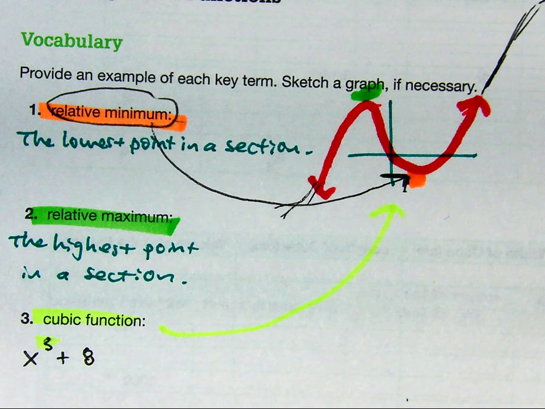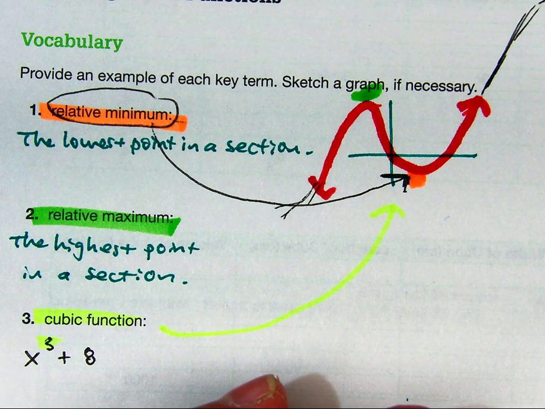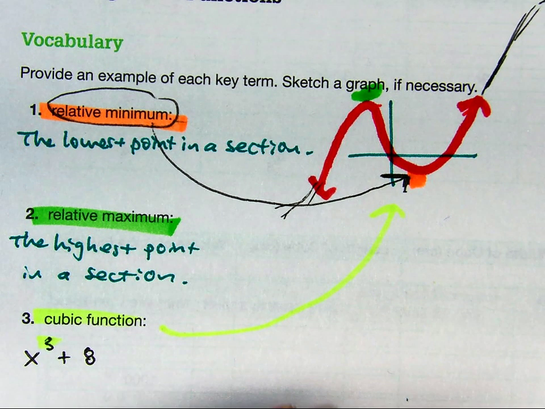Alright, word multiplicity. We didn't really go over this, but I'll just define it. Repeated number of zeros.